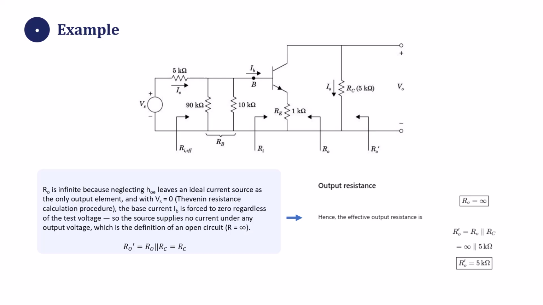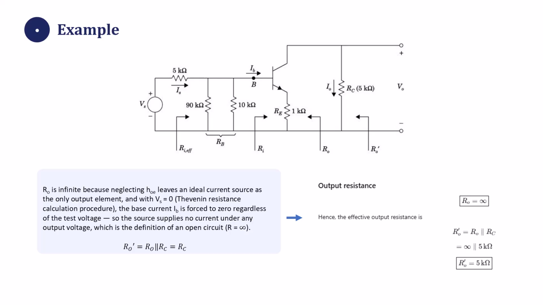So the source supplies no current under any output voltage, which is the definition of an open circuit. Therefore, the effective output resistance RO prime equals RO in parallel with RC, which is infinity in parallel with 5 kilo ohms, and that combination simply equals RC. So RO prime equals 5 kilo ohms.